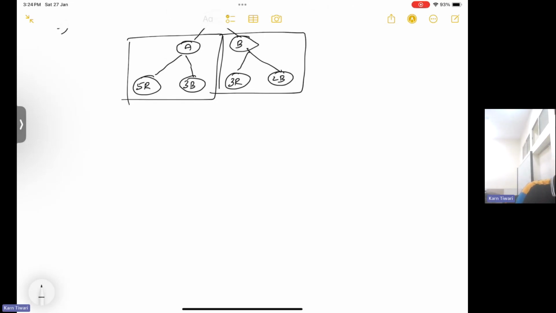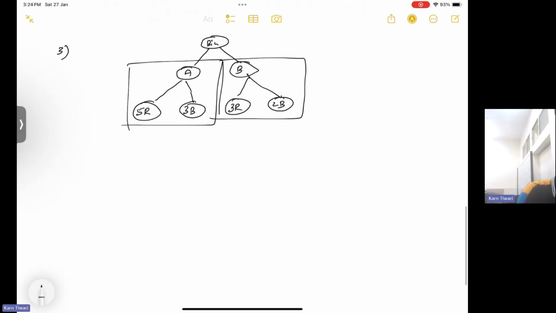Two balls are drawn. E1 is the event of the ball drawn from bin A, which consists of 5 red and 3 blue. And E2 is the event denoting drawing a ball from bin B, out of which 3 are red and 2 are blue.